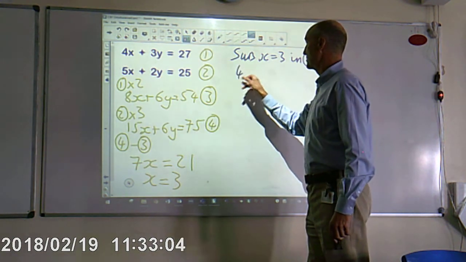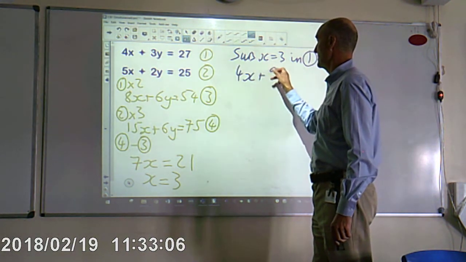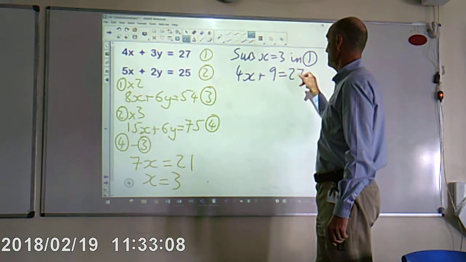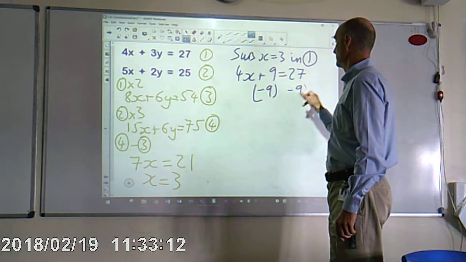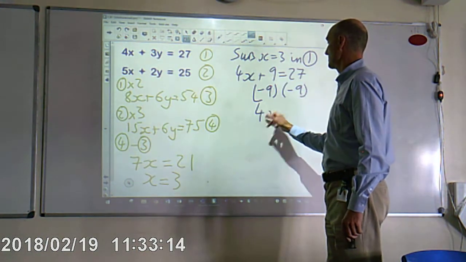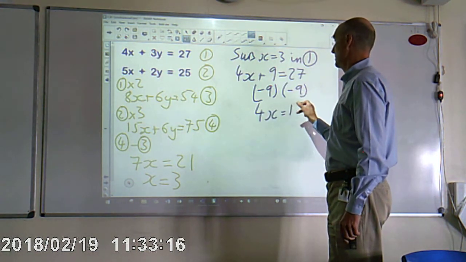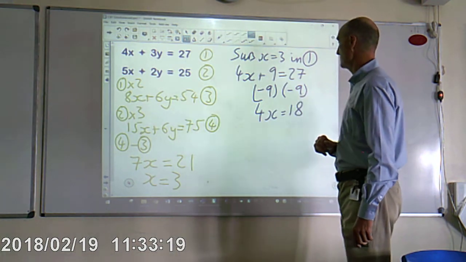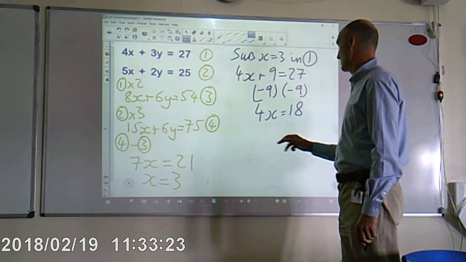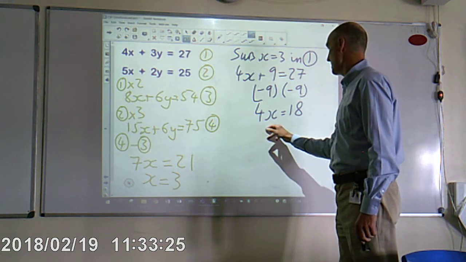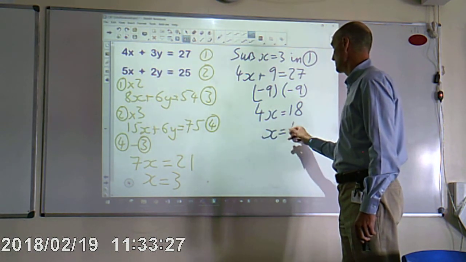So 4x plus 9 equals 27. Minus 9 both sides. 4x equals 18, is that right? Yeah. Which means that x equals 4.5.